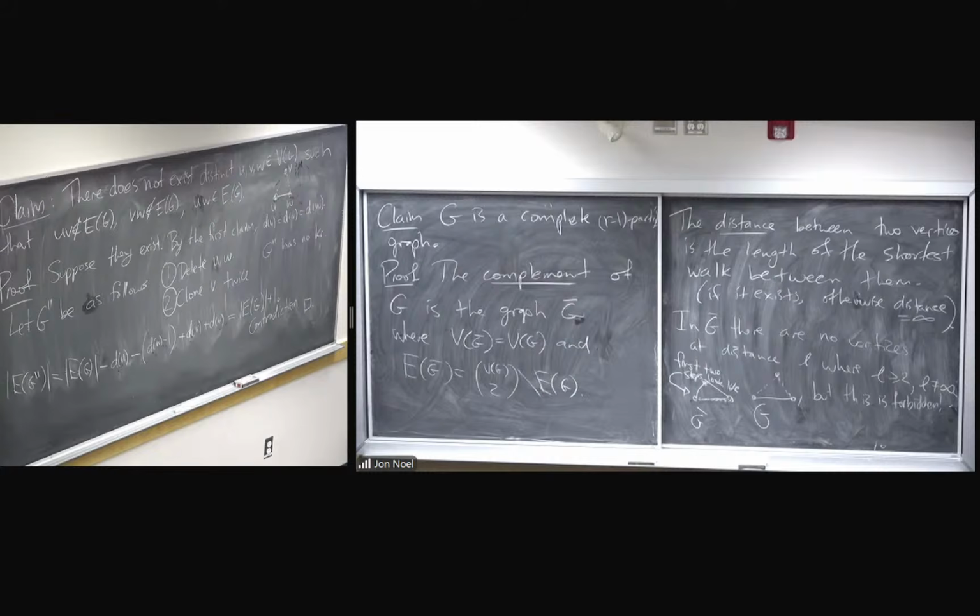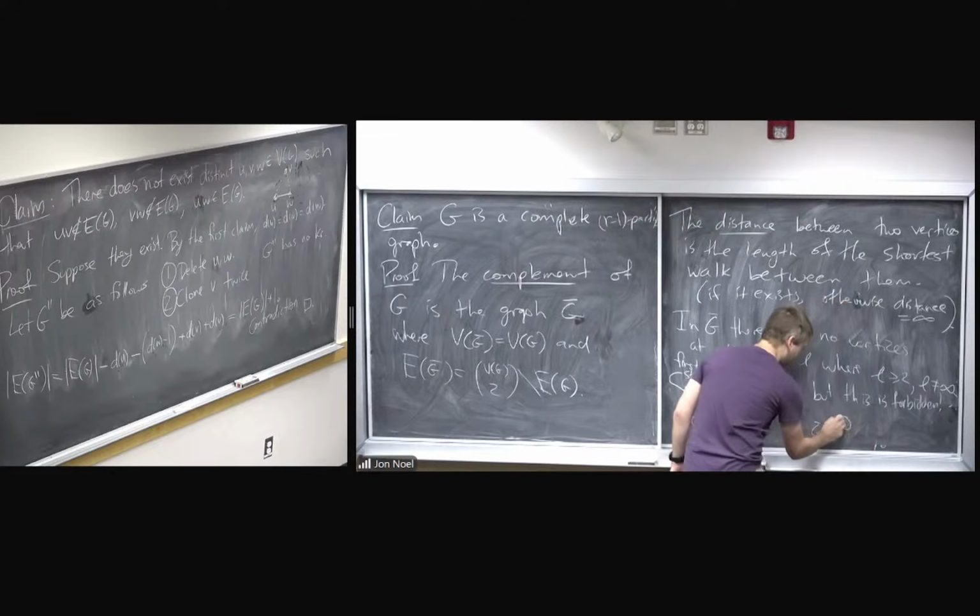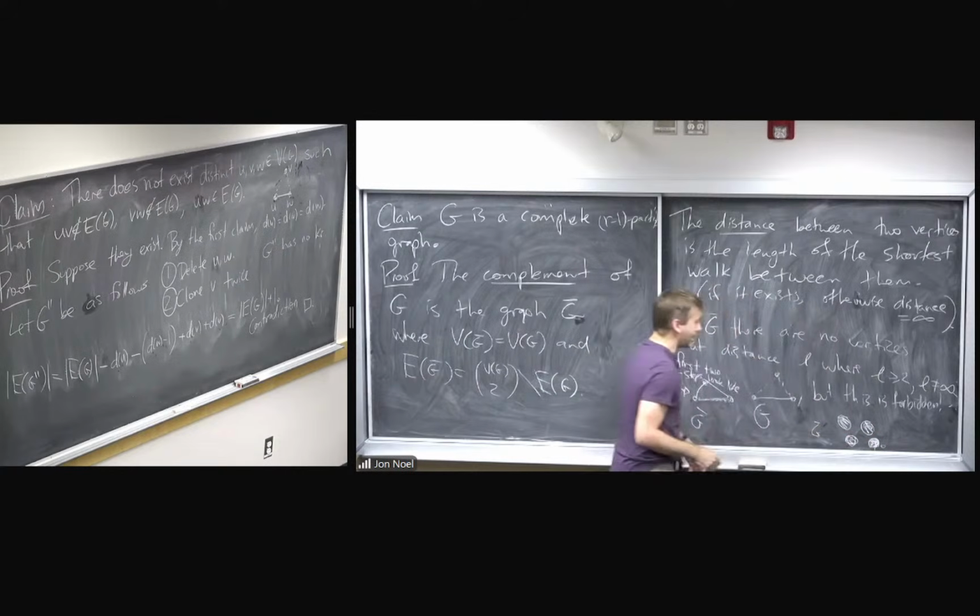I think it's kind of clear at this point, G complement is just a bunch of cliques, right? If everything's at distance infinity or 1, G complement looks like a blob with all the edges, a bunch of these cliques. And that literally is the same thing as G being a complete multipartite graph.